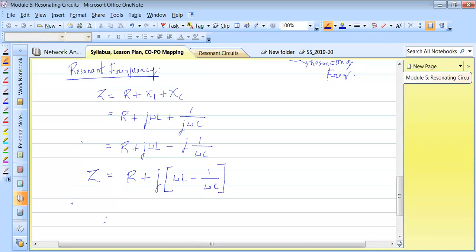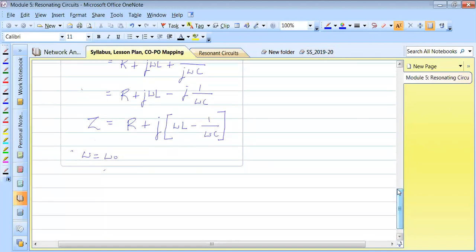Now when omega is omega naught, only 10 minutes left now. So we are going according to our plan. No problems. We are going a little slow because these are initial classes and we need to understand. So when omega is omega naught, or we can also say when f is f naught, you can talk in any way.